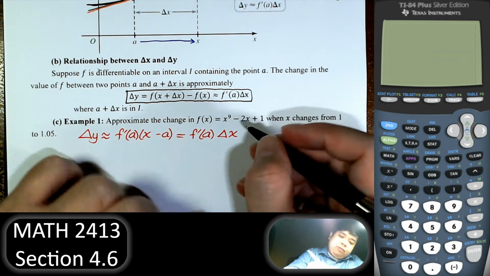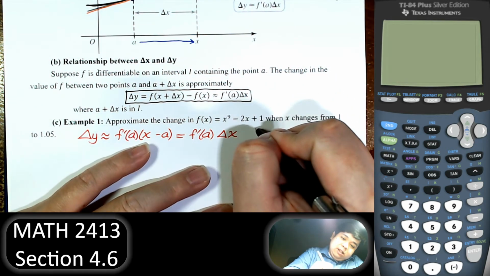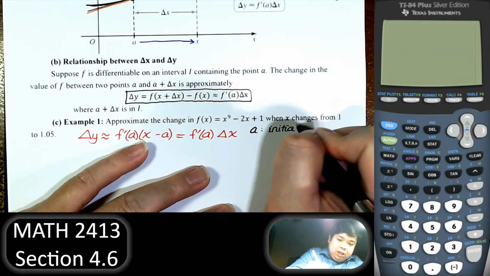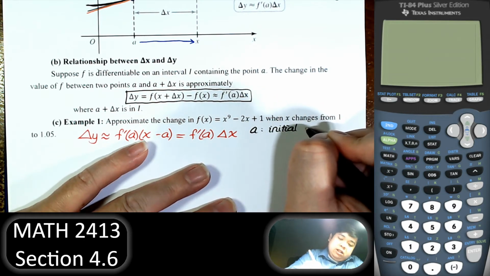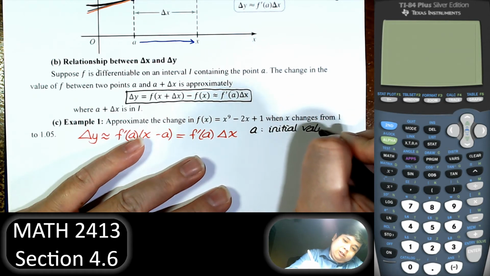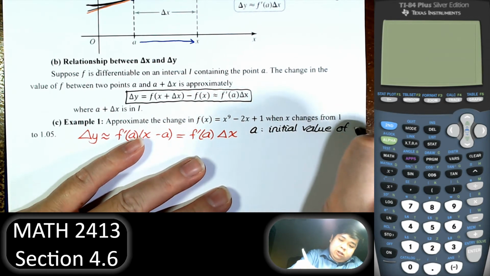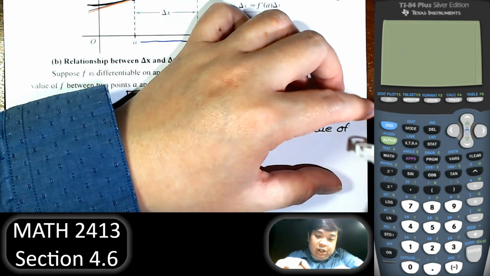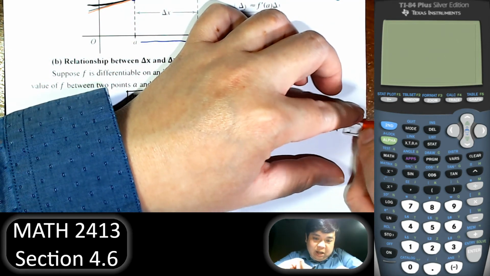So in this case, a is the initial point, the initial values of x.